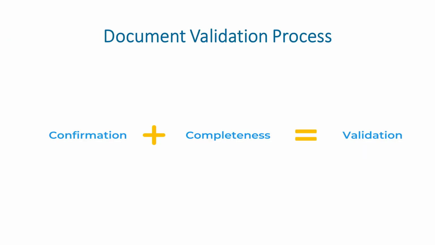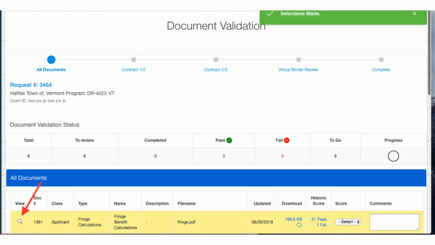It's your system. The document validation process involves 2 actions: confirmation and completeness. During the confirmation round, the evaluator confirms that each document is as it says it is. If it says, "I'm a fringe rate calculation," then it ought to be exactly that, and not a picture of Boris Badenov.